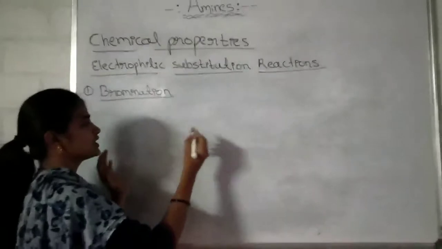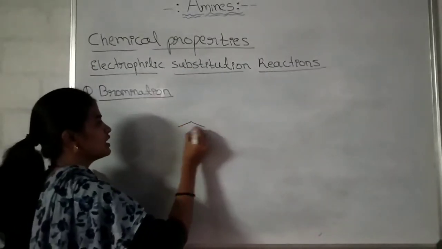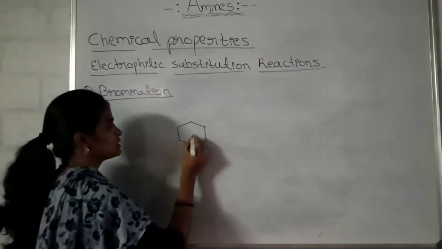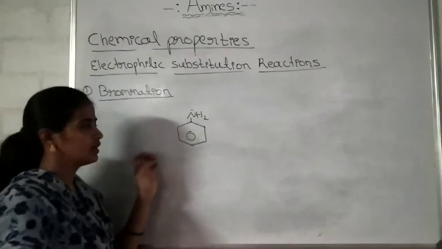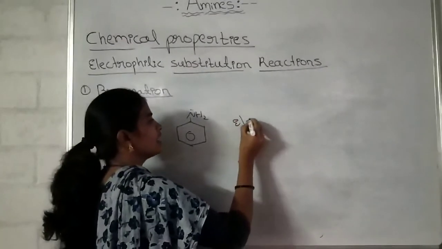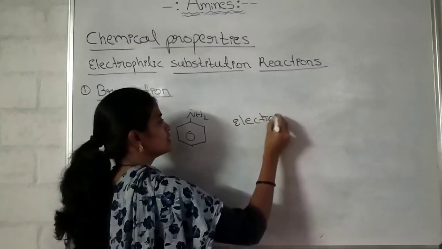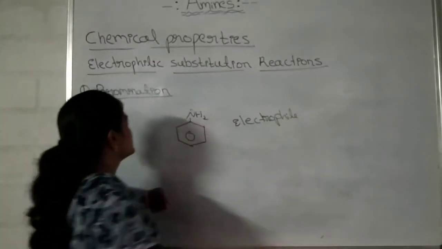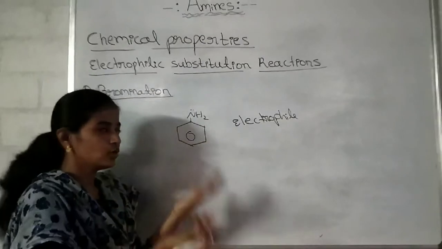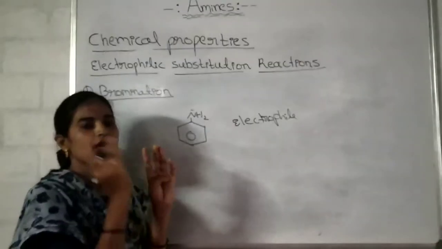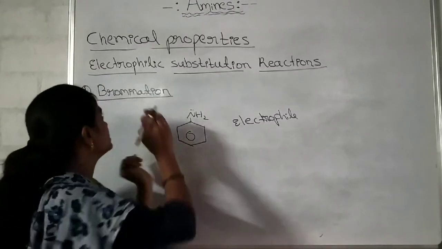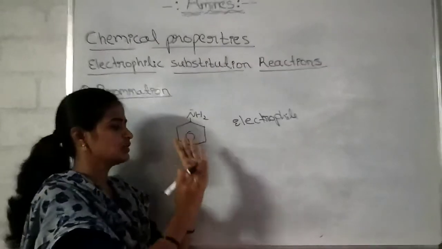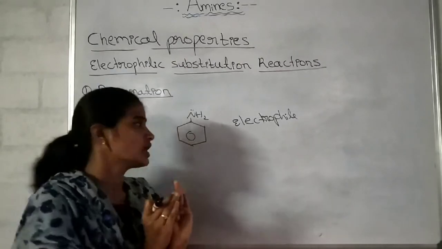We have to substitute the electron deficient species onto the aromatic amine, that is aniline. We are studying the examples bromination, nitration and sulfonation. These three examples are given in the electrophilic substitution reaction.